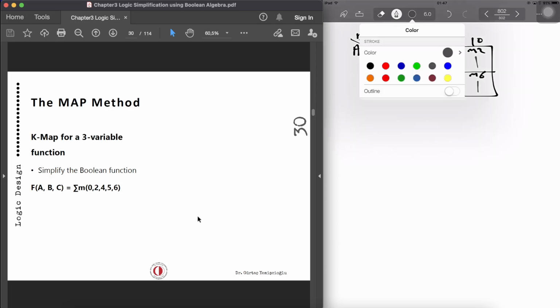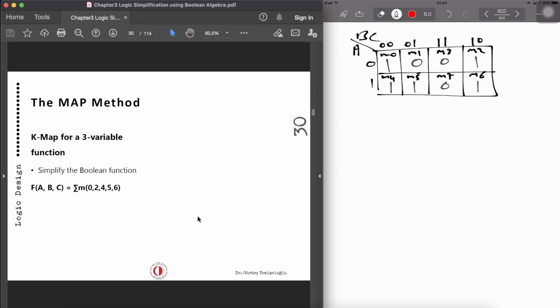Okay, so the first possible combination, I can see clearly that I can combine 4 adjacent ones, by having the sides, m0, 2, 4, and 6, and let's see what will be the expression for it.